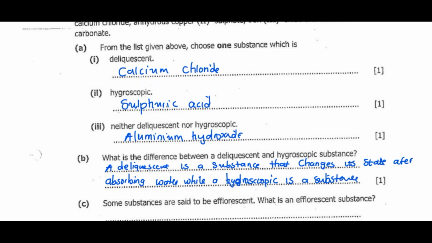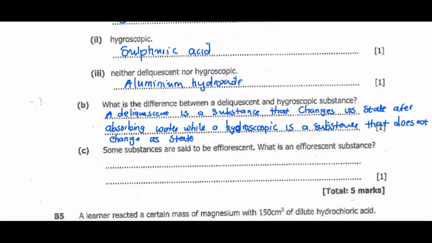While a hygroscopic is a substance that does not change its state after absorbing water. Then some substances are said to be efflorescent. What is an efflorescent? An efflorescent is just a substance that can lose its water of crystallization to the surroundings. So say this is a substance.